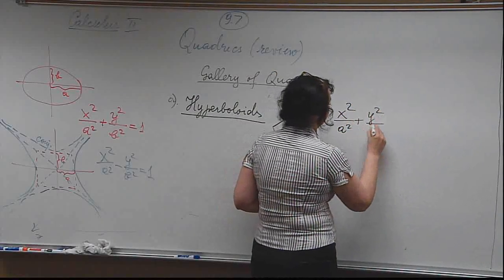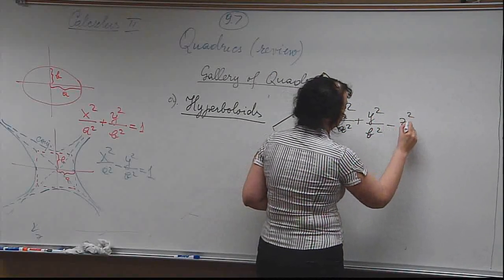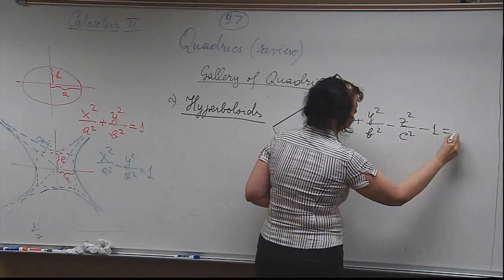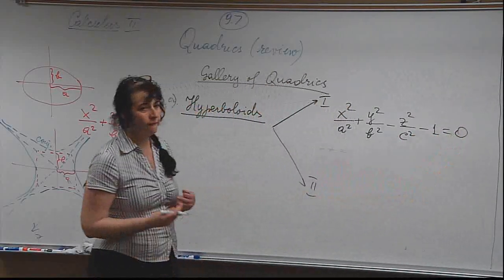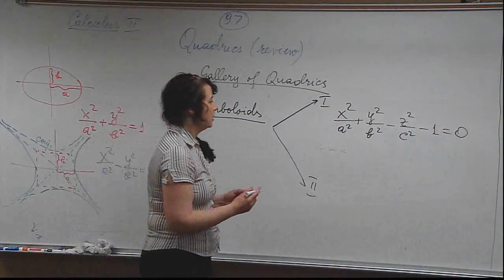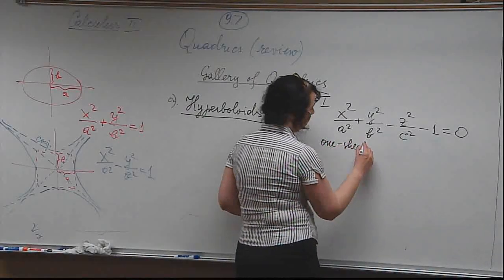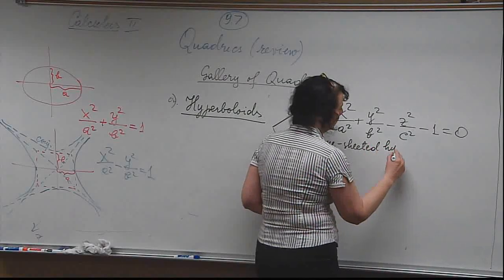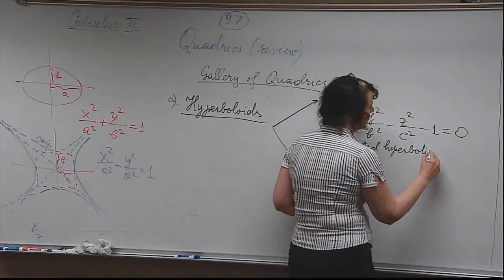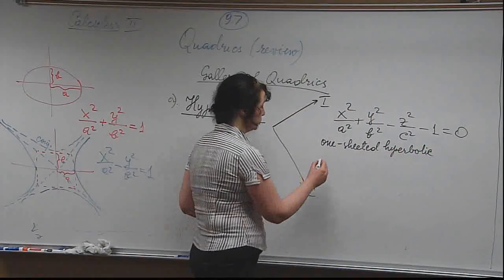Assuming that, I love this one, this is the first kind, which is the one-sheeted hyperboloid. What is the symmetry axis? It's a surface of revolution.